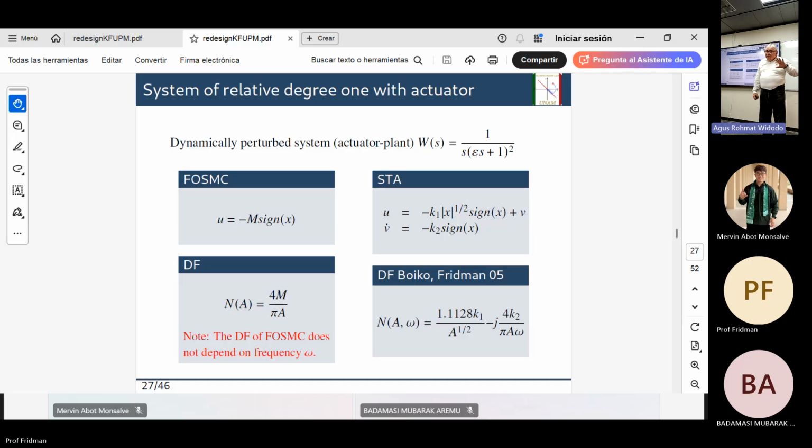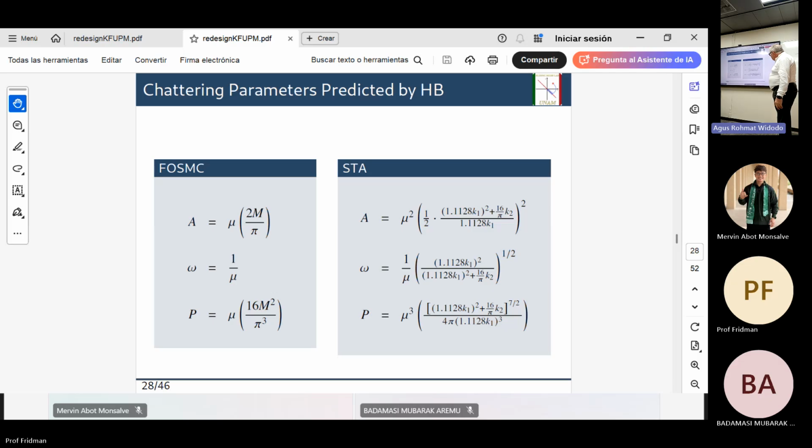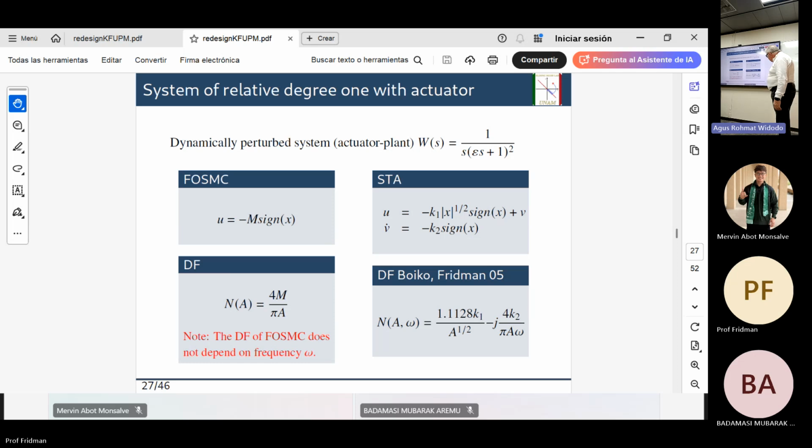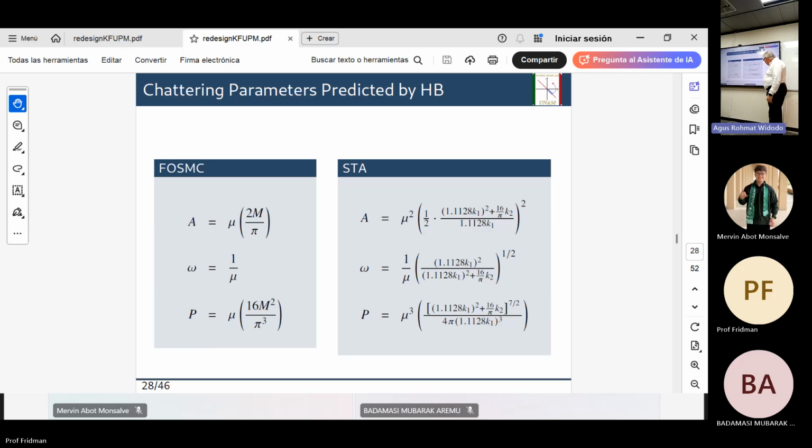And if you have it, you will automatically have K1. It is not a big deal. So what we've analyzed is their behavior with respect to the first order, second order actuator. You see? Here.